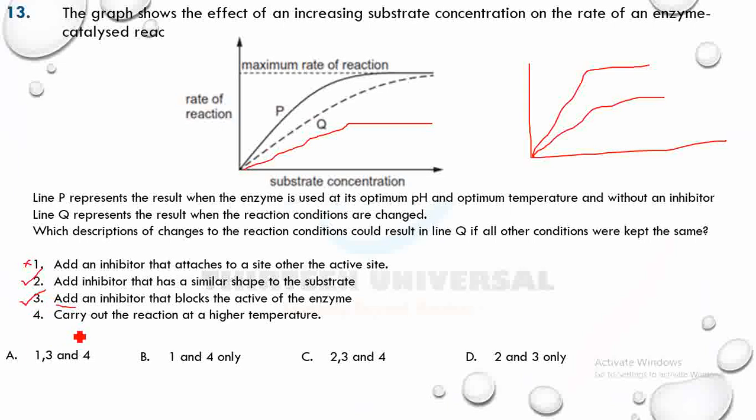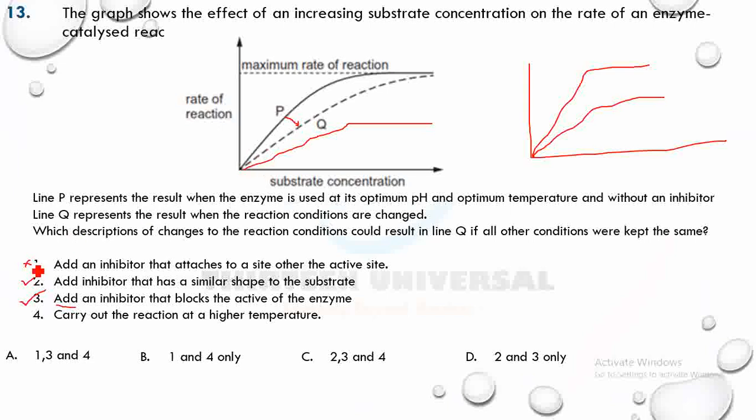Number 4 says carry out the reaction at a higher temperature. If you carry out the reaction at a higher temperature, it's going to affect it. It's possible that it will denature the enzyme, and then the reaction rate will drop from this to this. High temperatures denature enzymes.